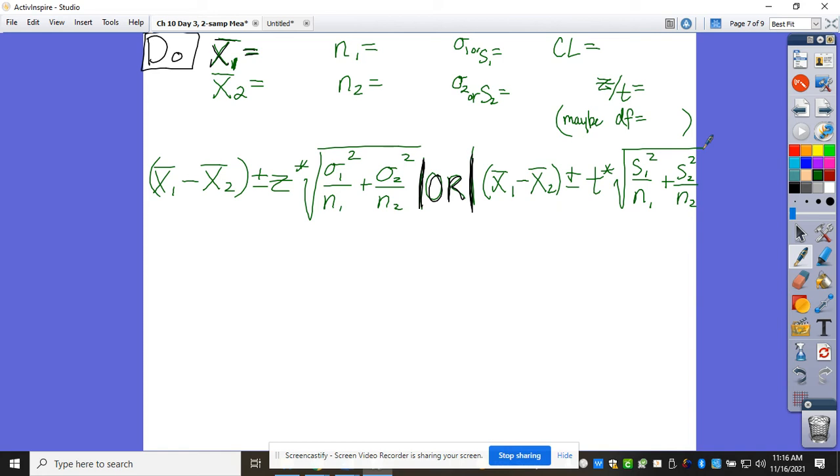You need test statistic. Do we know it? No, so right now we're doing interval, and so I might write that right now.